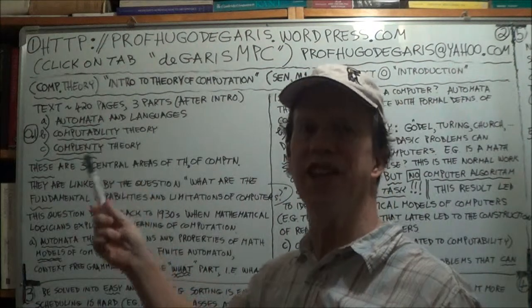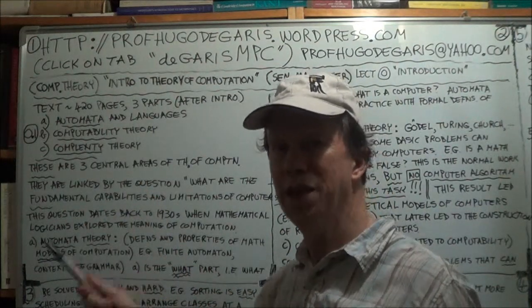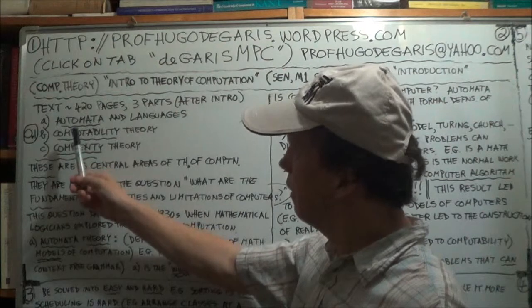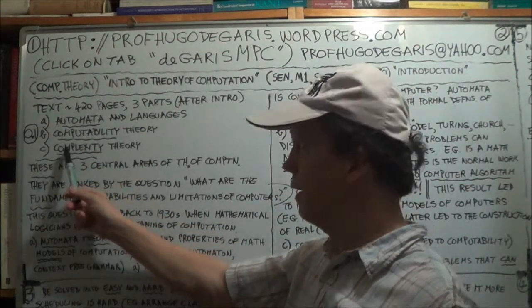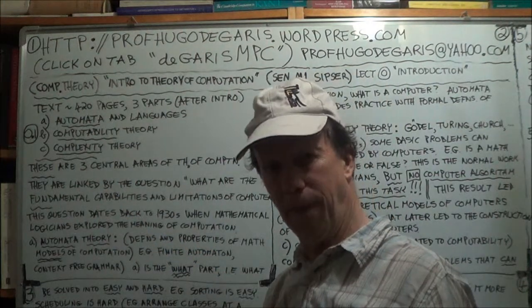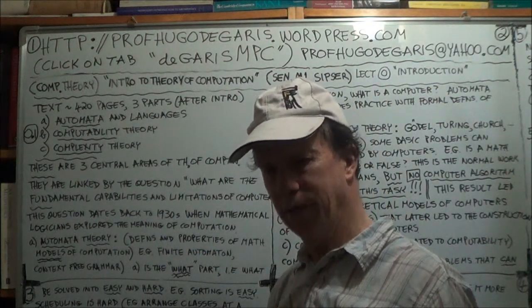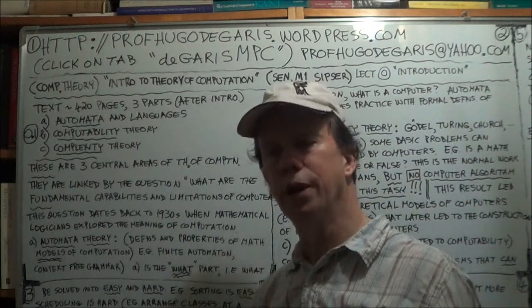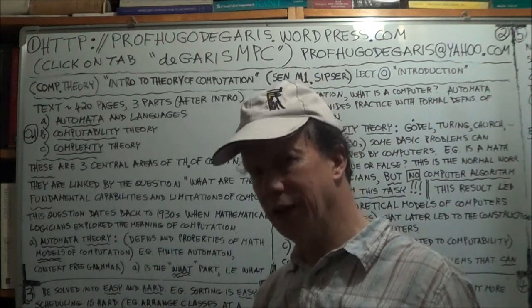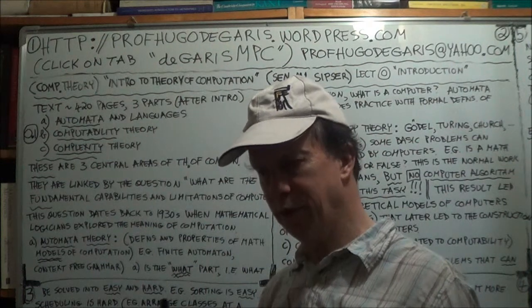Once you know what computing is, well, what kinds of things can be computed? And once you have the answer to that, this third part, I guess it's more about efficiency. How can things that are computable be computed easily in terms of efficiency?